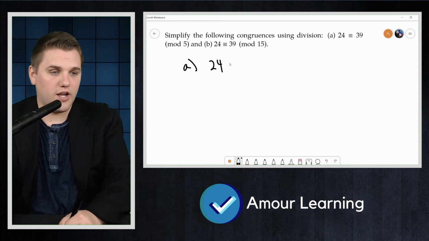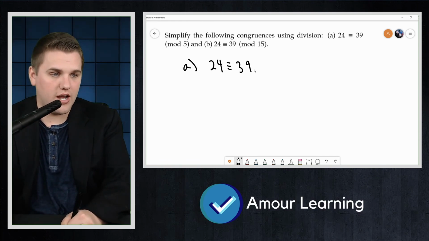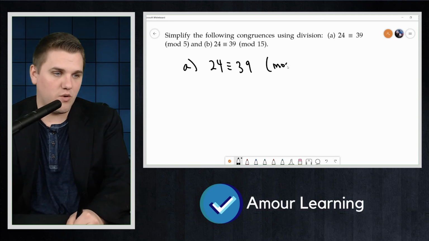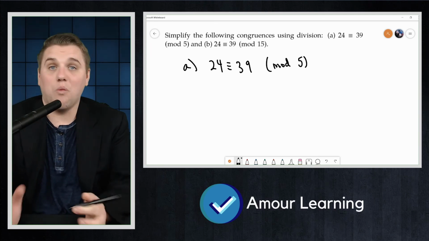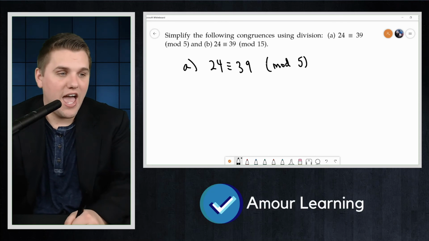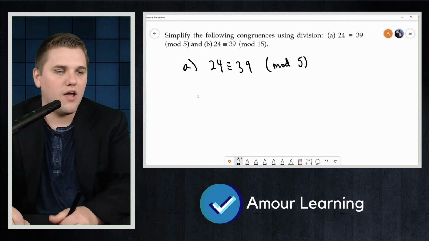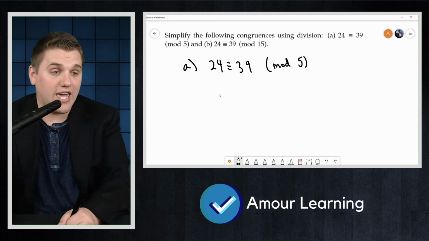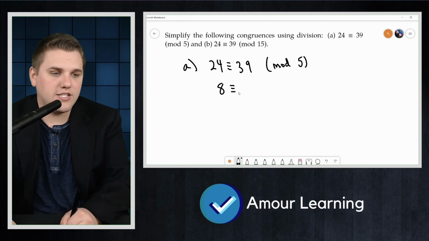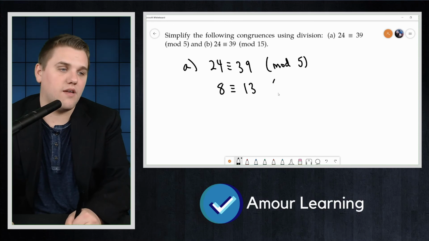So 24 is congruent to 39 mod 5. That's just me rewriting the problem. I want to divide both sides by 3, and 3 and 5 have no common factors, so I don't need to change that mod. So I can just divide both sides by 3, and I get that 8 is equal to 13 mod 5.